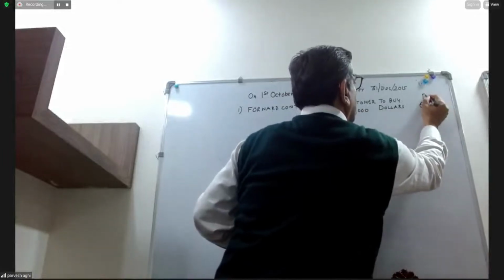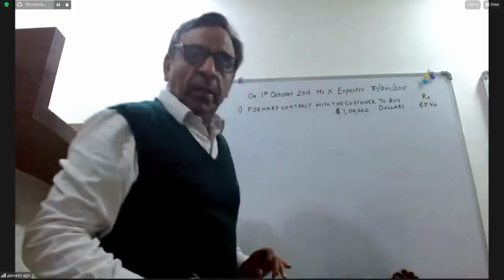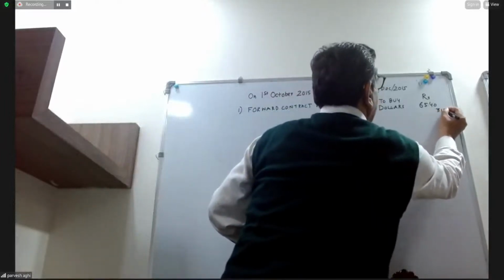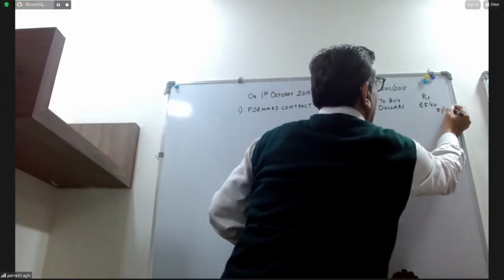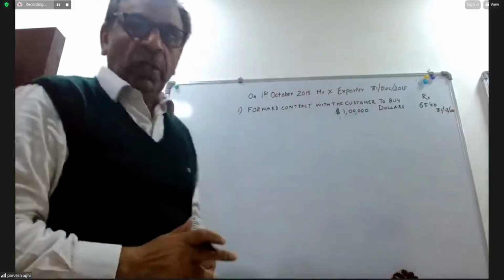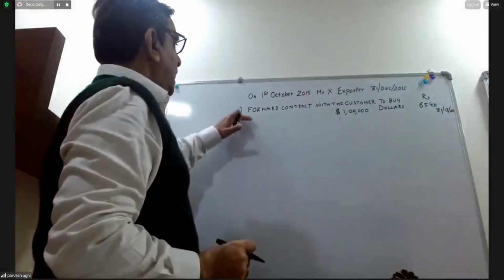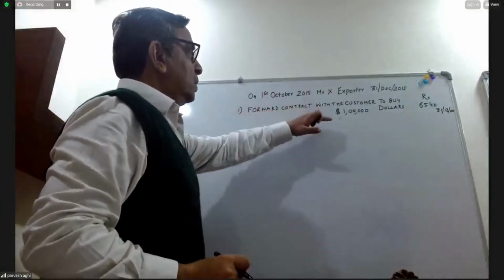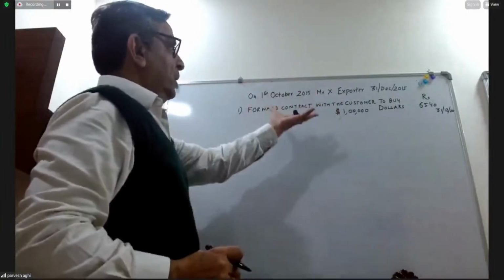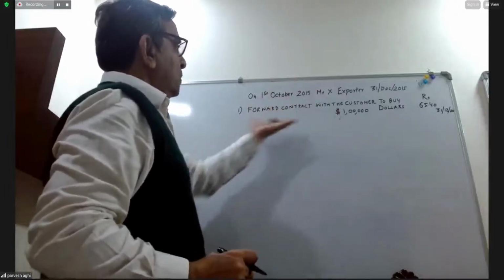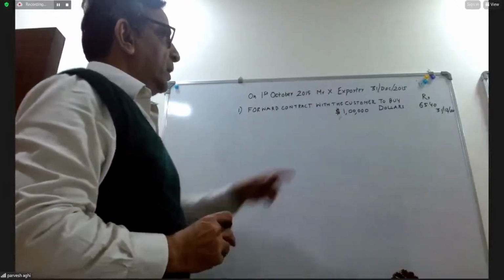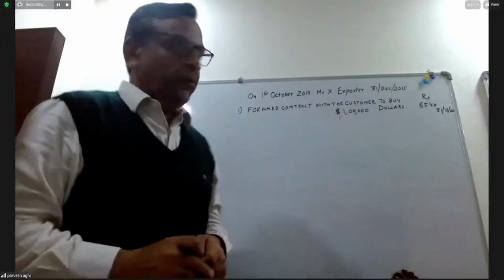This is in rupees. And the date is 31st of 12th, 2015. So this is the date on which the bank enters into a forward contract with the customer to buy their dollars, because the customer is an exporter. So he's going to get $1 lakh. So the bank says, okay, we'll buy your dollars from you, and the rate which we give you is 65.40.